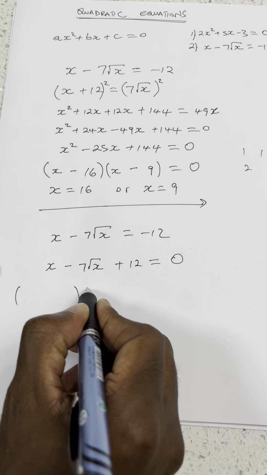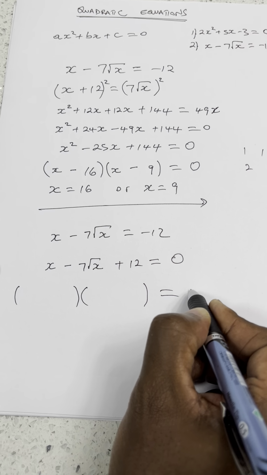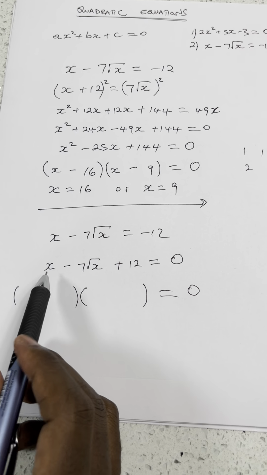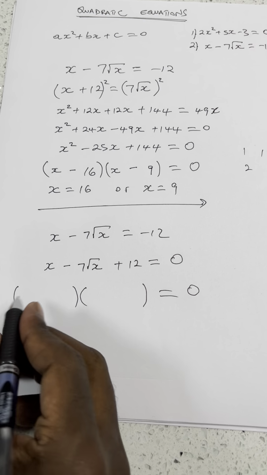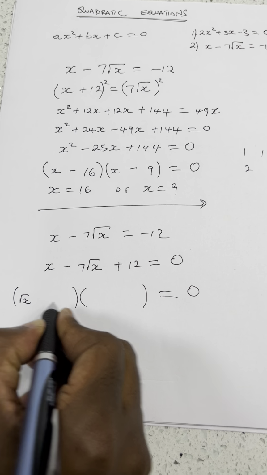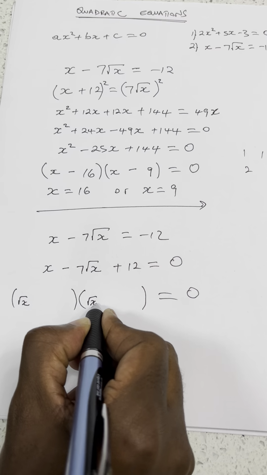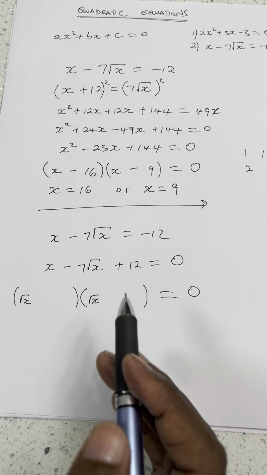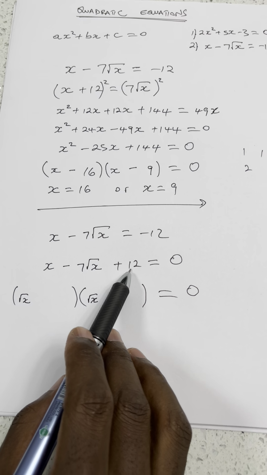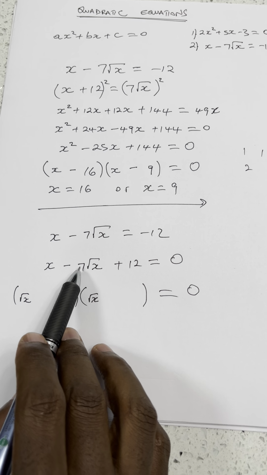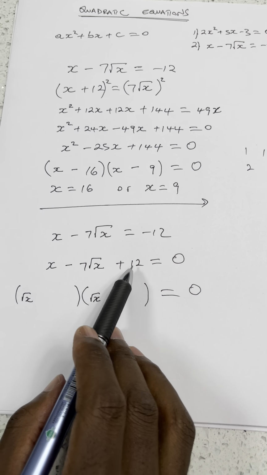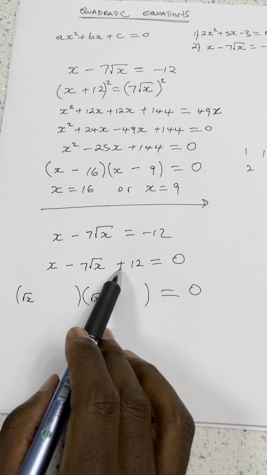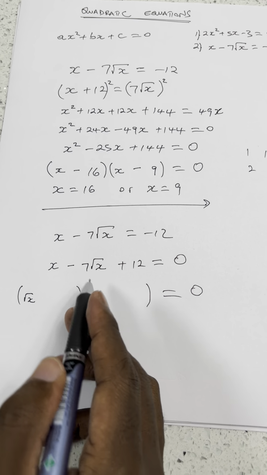So you could easily solve this from here. Instead of putting x's in your bracket, you put a square root of x on this side and a square root of x on this side, and we apply the same principles. We say factors of 12, when you add them, give you 7.